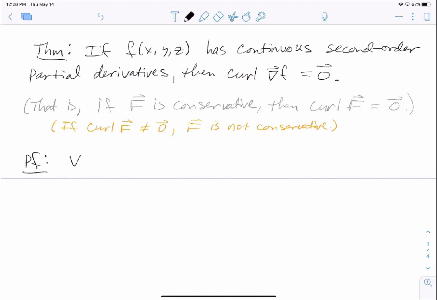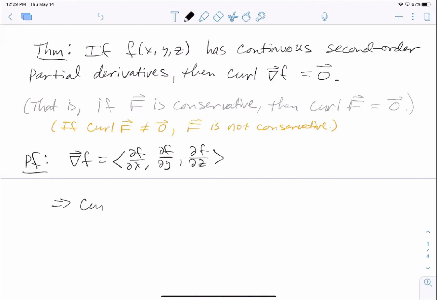Del f, as you know, is defined to be the vector that has the components partial of f with respect to x, the partial of f with respect to y, and the partial of f with respect to z.